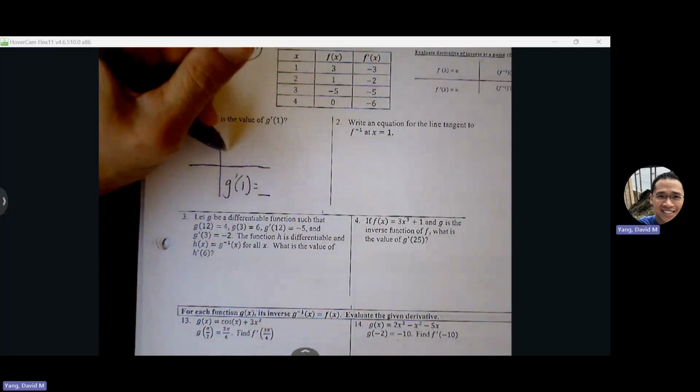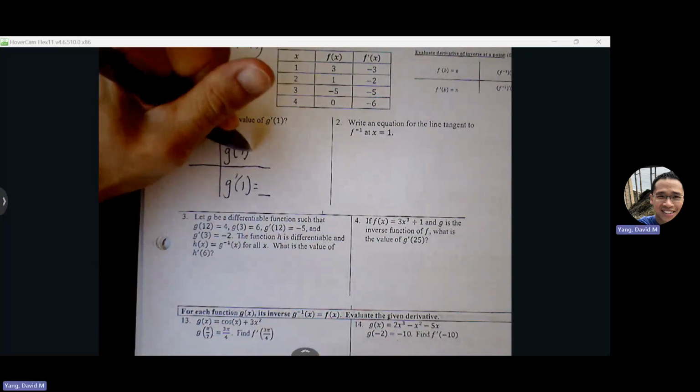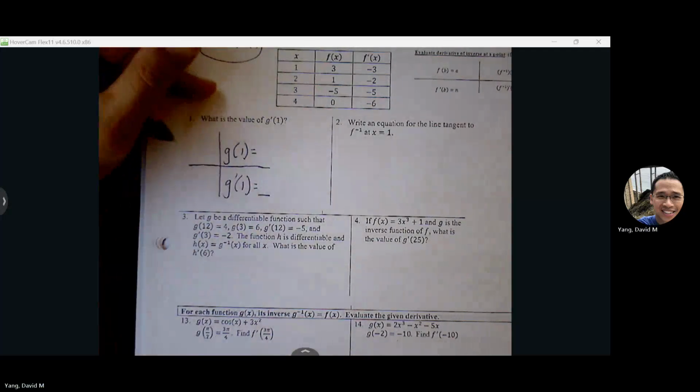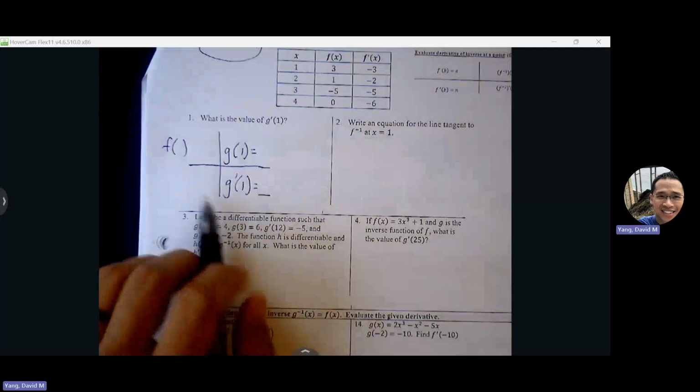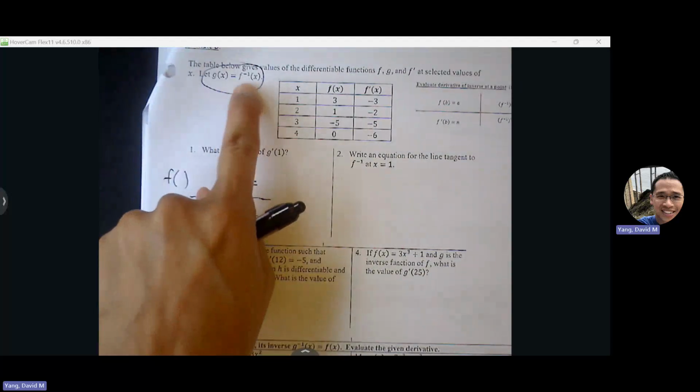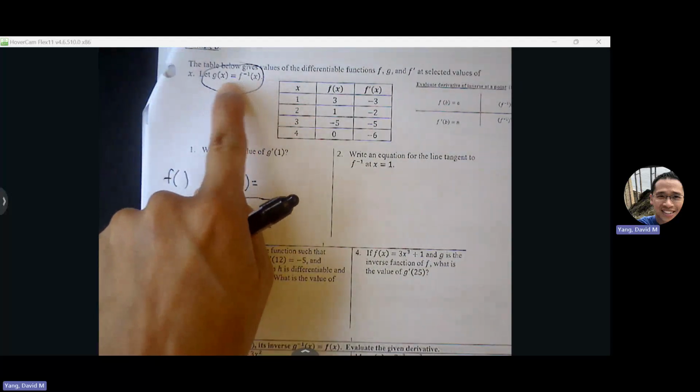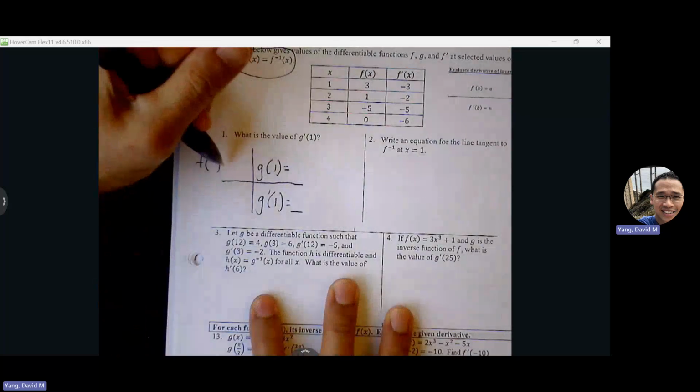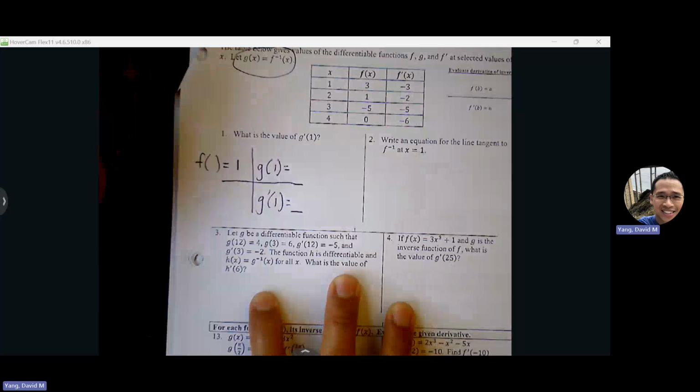I know 1 is the x value of my g function, which must mean that 1 is the what of my f function? Yeah. The reason that we can establish that relationship is because they're telling us that g and f are inverses of each other. So we know that there's going to be that flip-flop ordered pair. So f of something must be equal to 1.